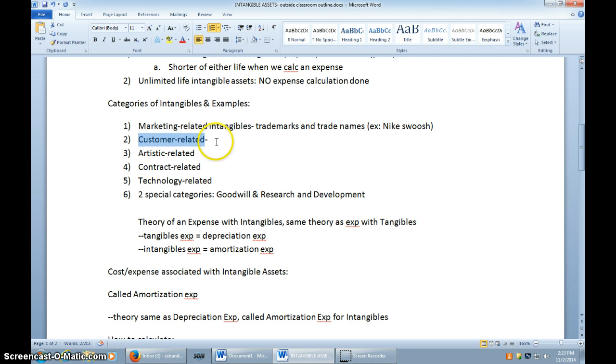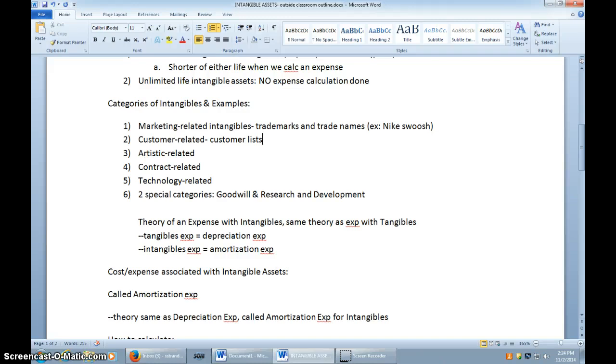A customer-related intangible asset, by way of example, would be customer lists. Those have a value. Companies spend a lot of time developing who's buying from them and how to contact them.